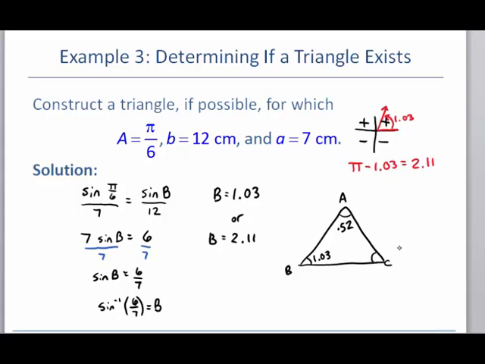So I'm going to take pi, which is the total angle measurement for all three angles added together. I'm going to subtract the 0.52. I'm going to subtract the 1.03. And that should leave me with angle C, assuming that there is room for another angle.